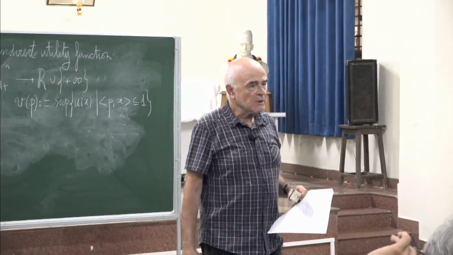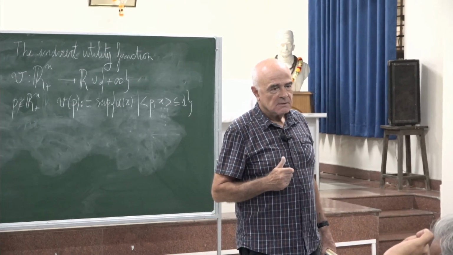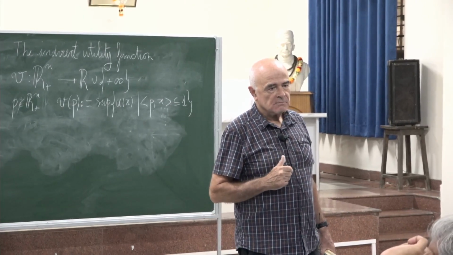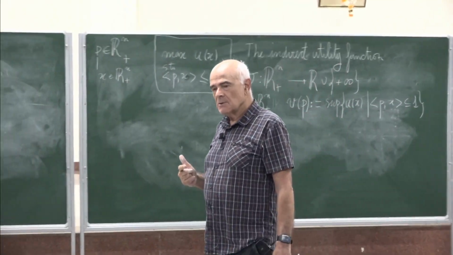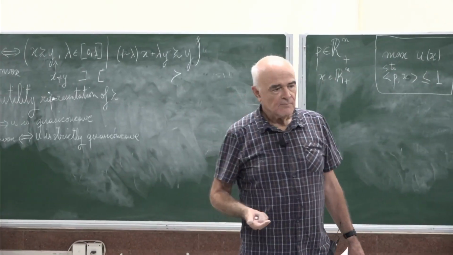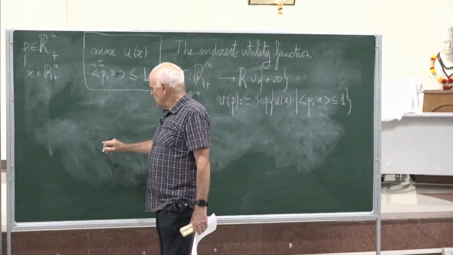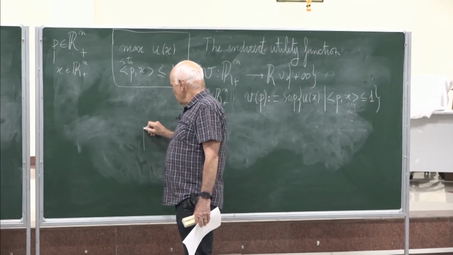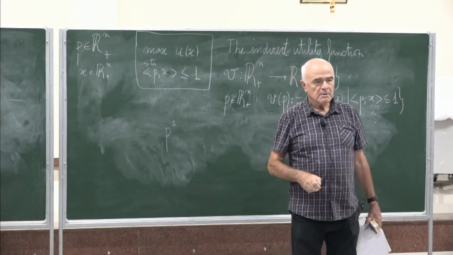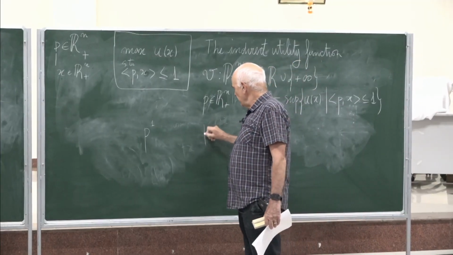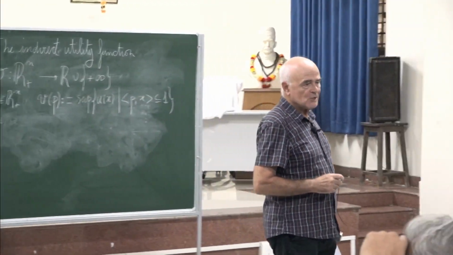This is also a utility function, but not on commodity bundles, but on price vectors. It is telling me your preferences on supermarkets. Near your home, there are two supermarkets. In one of them, the prices are the vector P1. In the other one, the prices are represented by the vector P2.